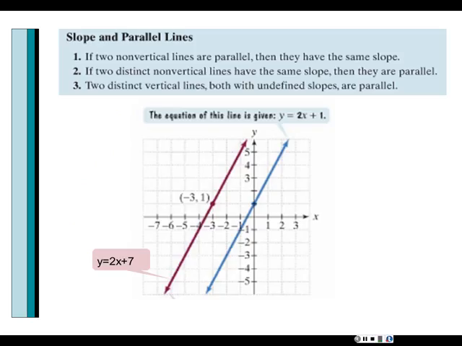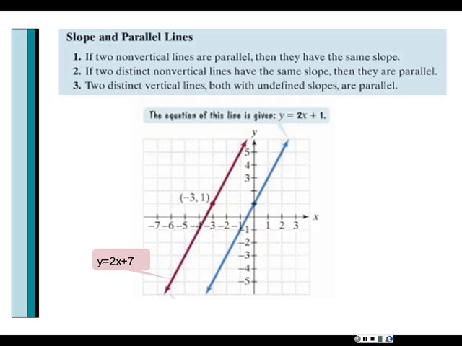Okay. Now, that's what exactly is written here, that if two non-vertical lines are parallel, remember again, as I said, in general, when you talk about the lines, we exclude the vertical and horizontal lines because they have a little bit different properties than the regular lines. So if two distinct non-vertical lines have the same slope, they are parallel. So exactly the same thing, but in the reverse way.